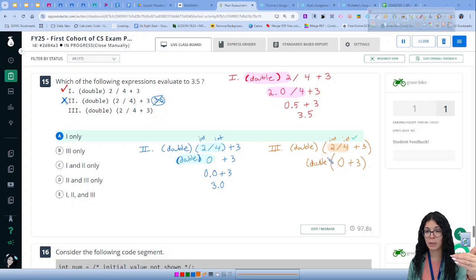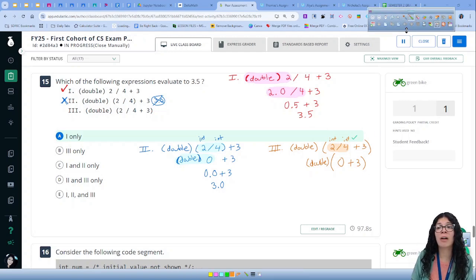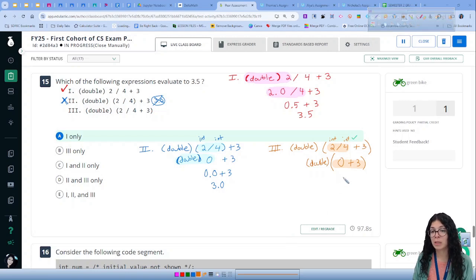I haven't done the typecasting yet, and I haven't done the plus 3, so I just bring it down. Next, I still have parentheses, so I have to do the addition, not because of addition, but because it's inside of the parentheses. So 0 plus 3, an int plus an int, will be an int 3. Now that I'm done inside of those parentheses, I will move on to the second order of operations, which is typecasting.